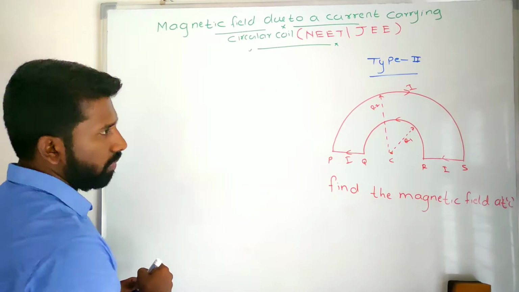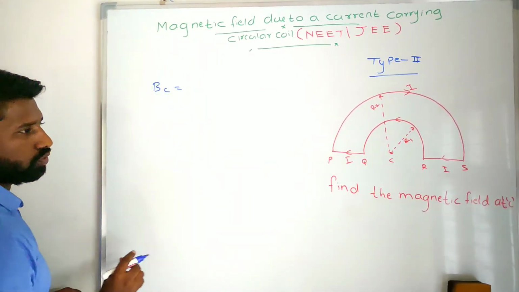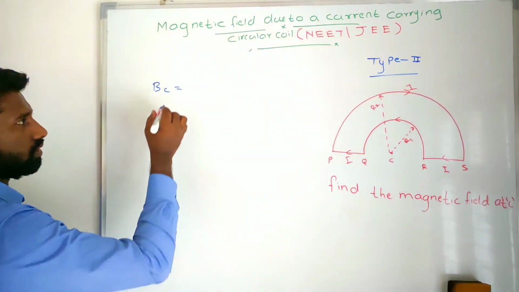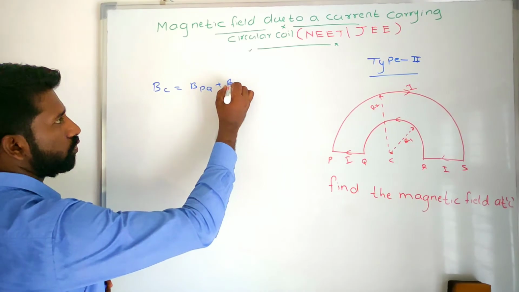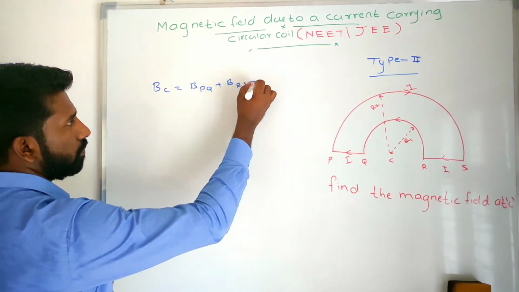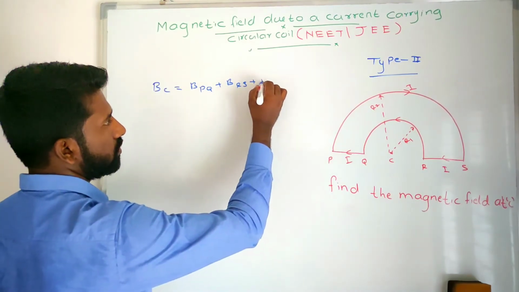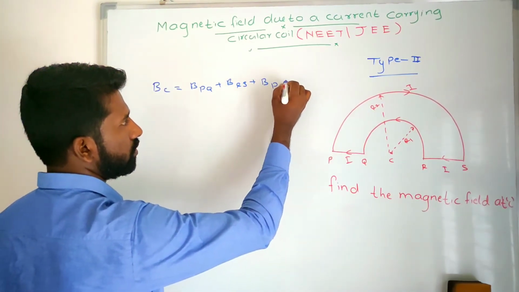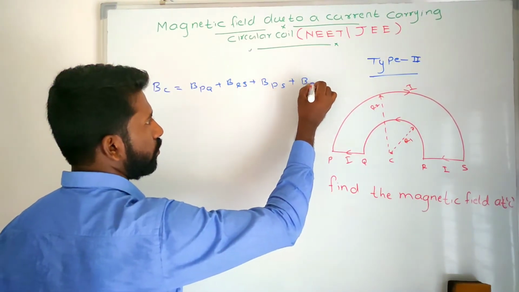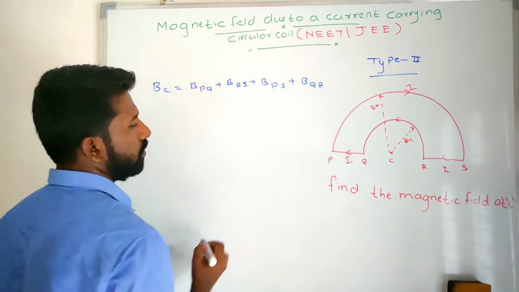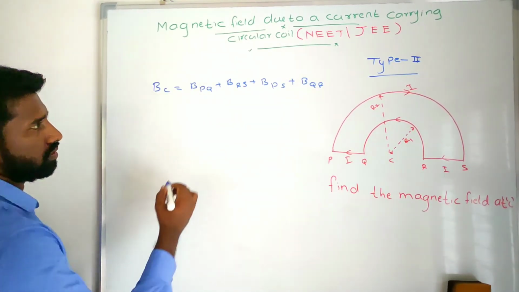Then the magnetic field at C is due to the two straight conductors, that is the magnetic field due to PQ plus the magnetic field due to RS, plus the magnetic field due to the two semicircular loops, that is the magnetic field due to PS plus the magnetic field due to QR.